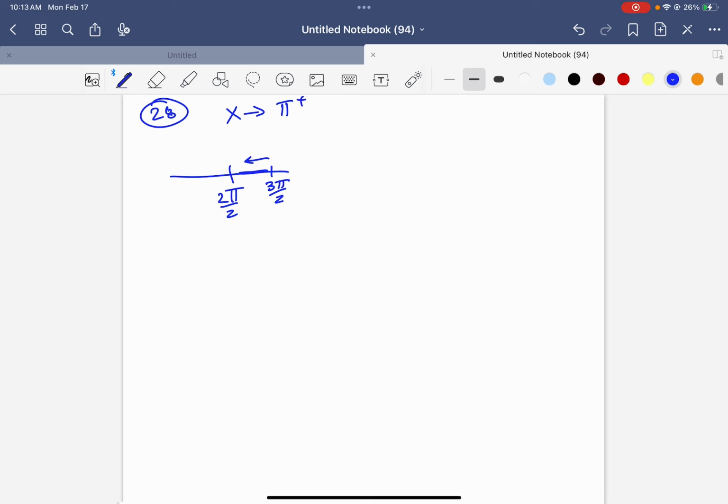Coming in, going that direction, what does the sine of x want to be? As you come in closer and closer towards pi from the right, what does your y-coordinate want to be? Well, this cosine-sine pair is negative 1, 0, so it wants to be 0.